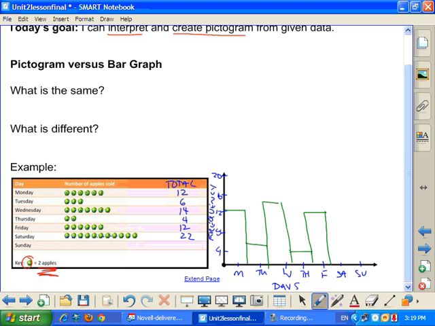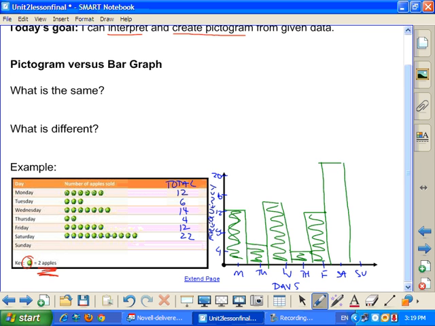Oh, I missed one day in there. Sunday there's no, so I'm all right. 22, so it goes way up. Okay, so here's the bar graph that would correspond to this pictograph or pictogram.